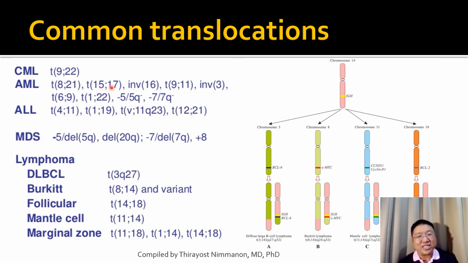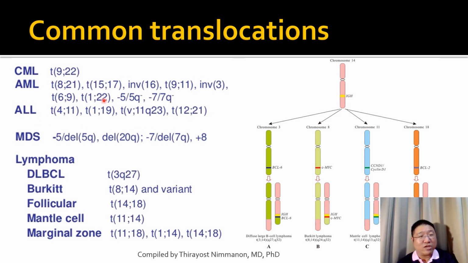So this one is a cause of acute promyelocytic leukemia, APML. This one is very important because this translocation will be overcome by administration of vitamin A. Vitamin A. I will talk about it again later.